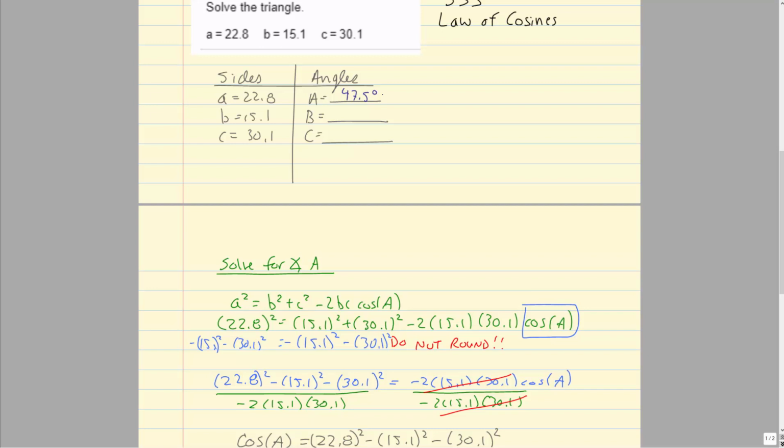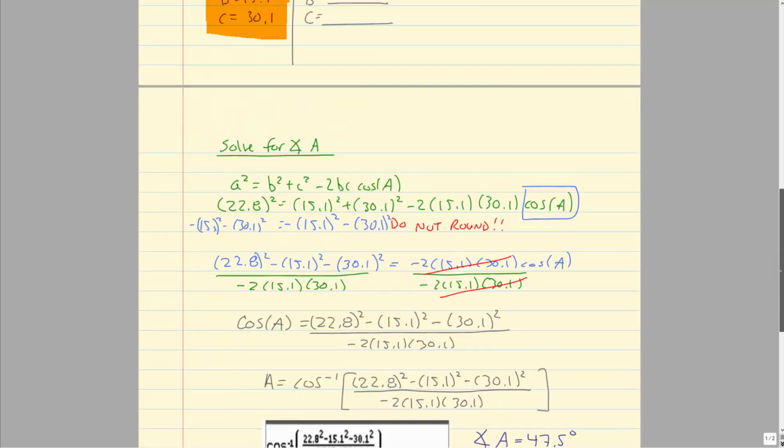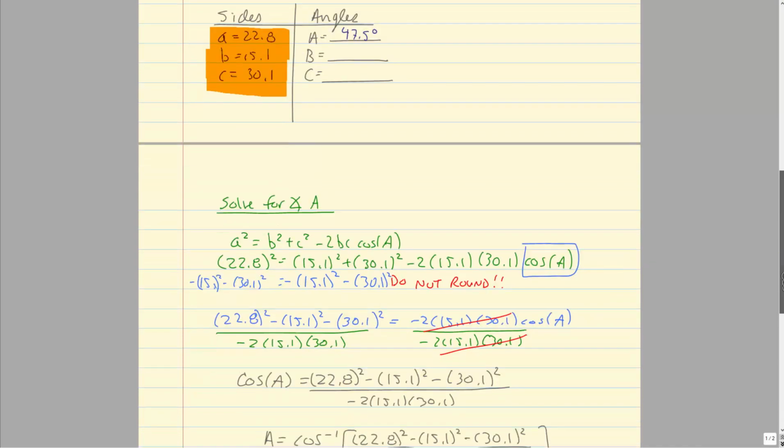Now if we look at this table, again, this left-hand column is what is given to me to work this. I have to find everything on the right, but notice we now have a side and its angle opposite. So I could start with using the law of sines here. But if I use the law of sines for this, I'm using 47.5 degrees.